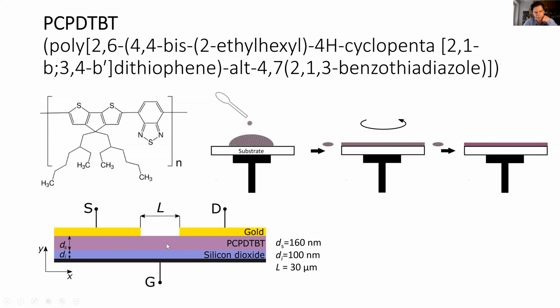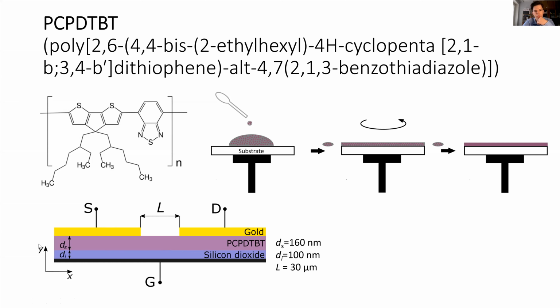I call it a hybrid field effect transistor structure because we have an organic layer as an active layer, and we have silicon dioxide, which works as a dielectric layer. Usually there could be field effect transistors with an organic dielectric layer as well.